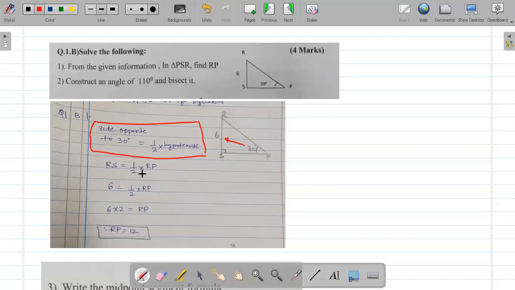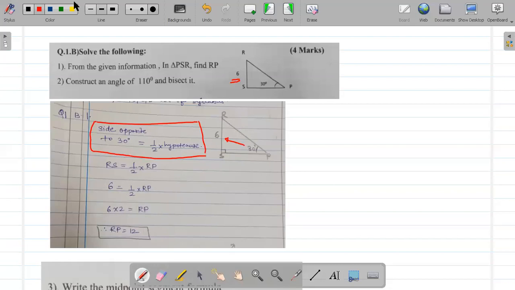So RS equals half times RP. RS is 6, and half of RP. We shift 2 to the other side and that gives us RP equals 12. Since the unit is not mentioned here, we don't write the unit, we keep it as it is.